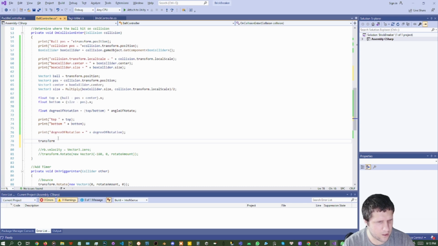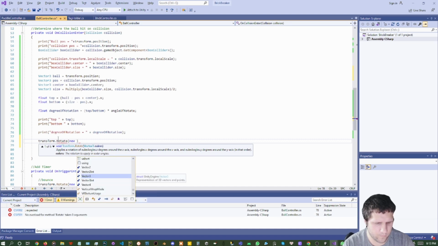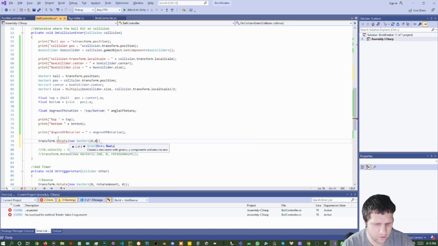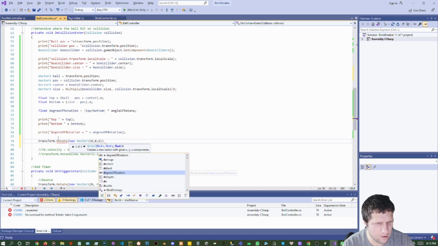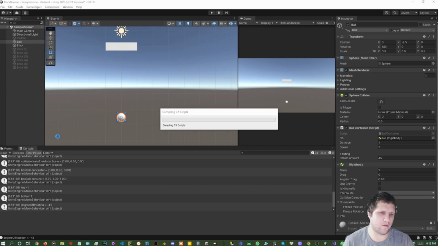So we say transform dot rotate new vector 3 0 0 degree of rotation. Okay.